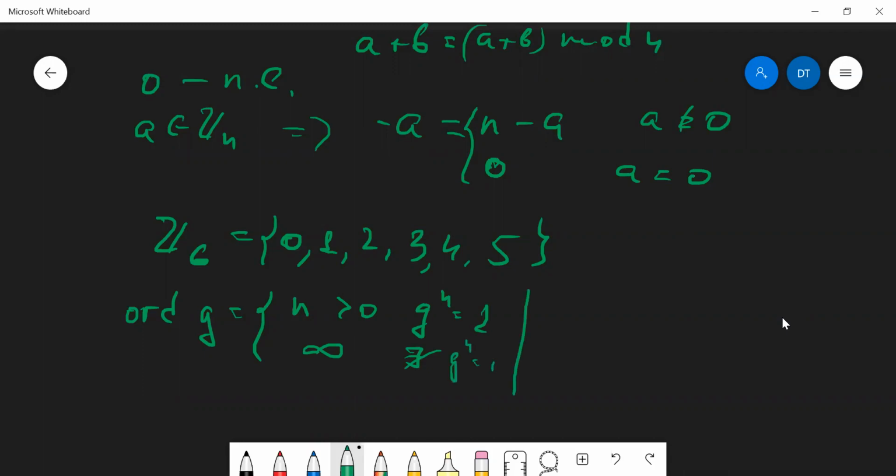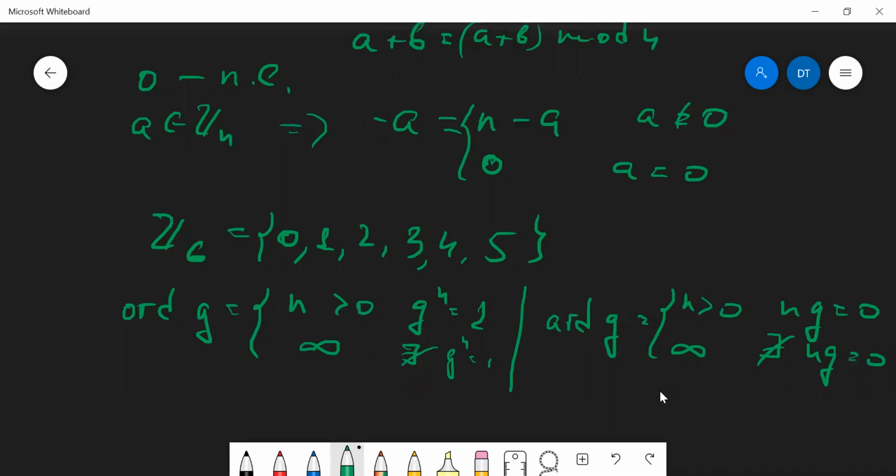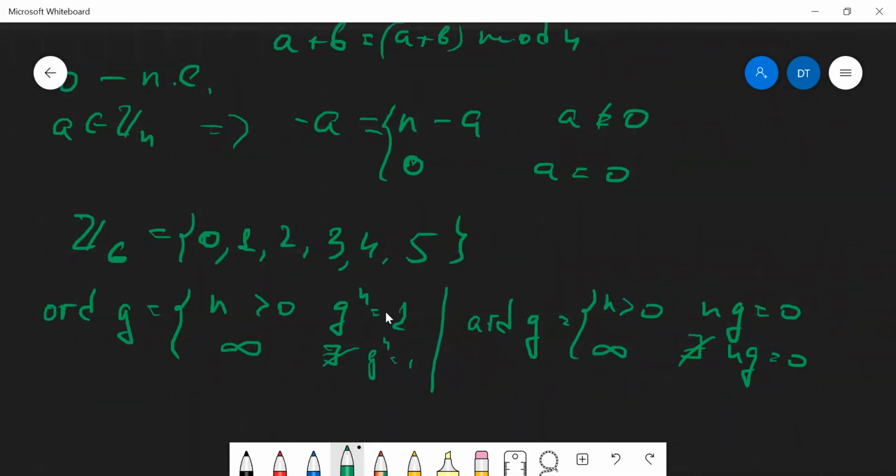And in additive notation, and here we use additive notation, it's the least possible positive natural number n such that ng equals 0, or infinity if there is no such n. So these are two different notations.